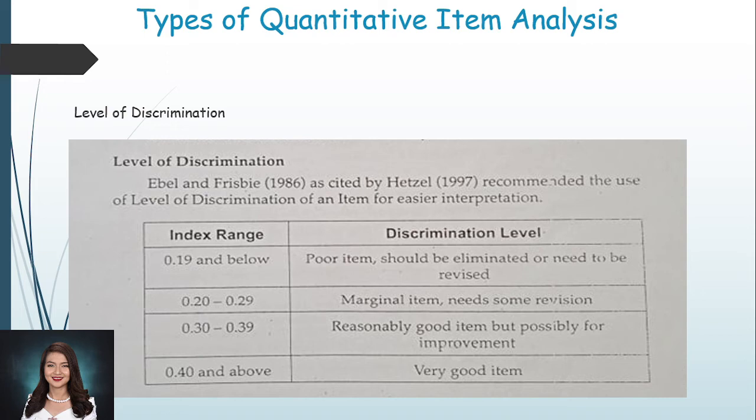If the computed discrimination index is from 0.20 to 0.29, that falls into a marginal item that needs some revision. Next, from 0.30 to 0.39, a reasonably good item but possibly for improvement. And from 0.40 and above, that is a very good item. So you can retain that item.